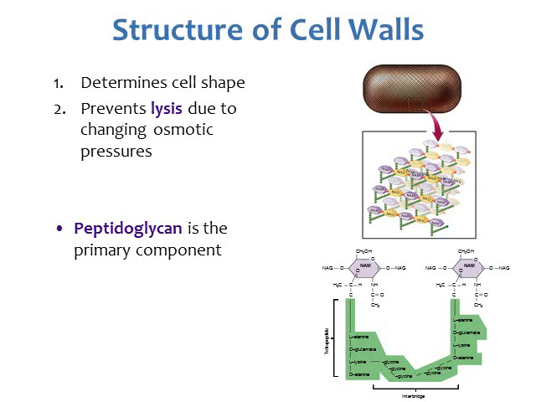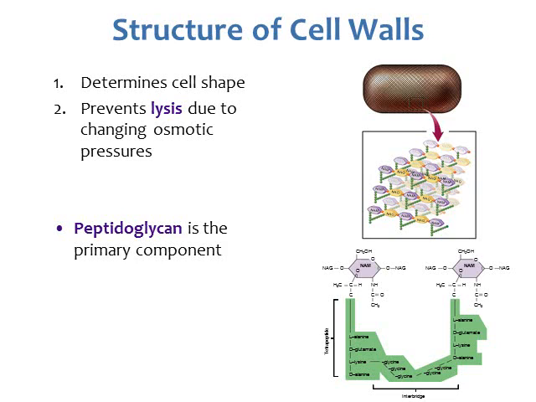In addition to giving the cell a shape, the cell wall also prevents something called lysis. And lysis basically is just bursting open of the cell due to osmotic pressure or due to changes in water flow or osmosis in and out of the cell.